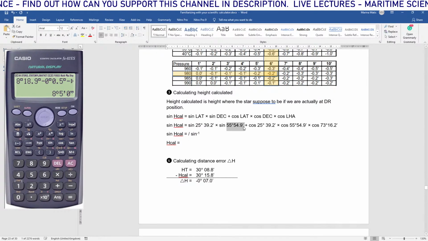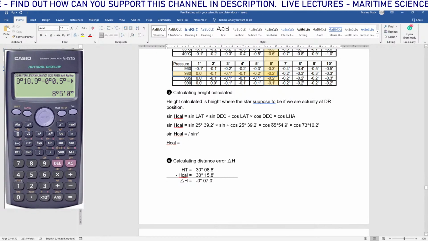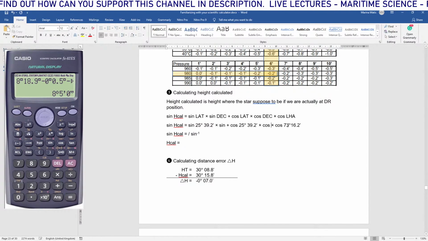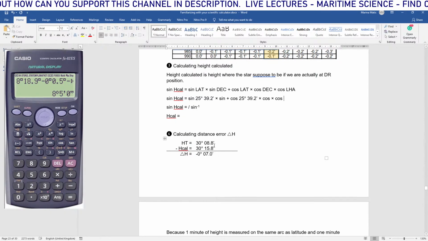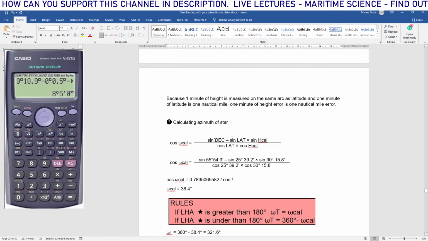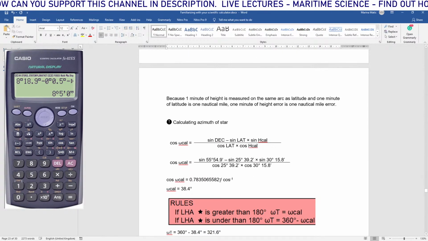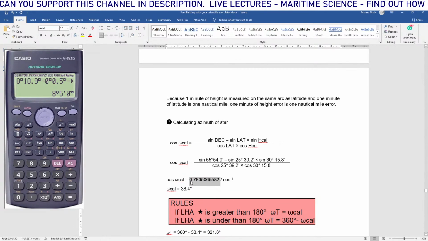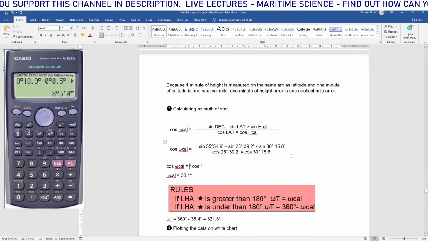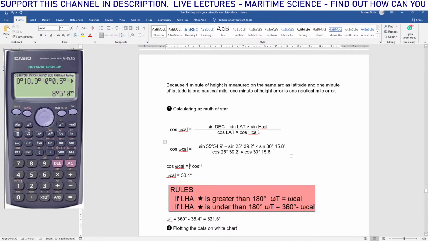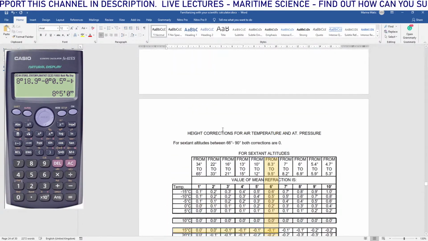Declination will be different, latitude is the same, local hour angle is different, so these numbers need to change. The distance and then azimuth using the formula will be different, but these two steps I believe are quite clear. You have formula and you just type in the data inside.